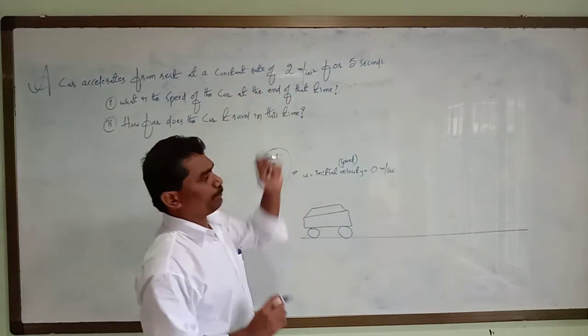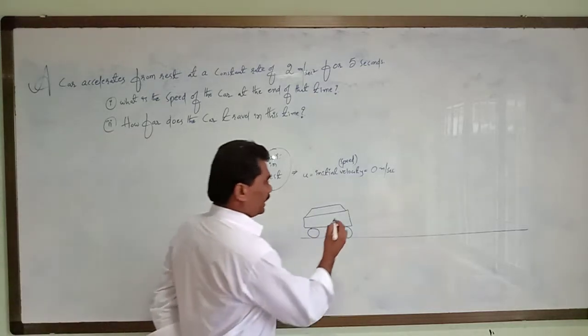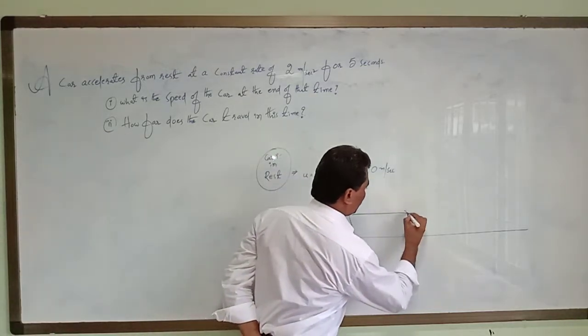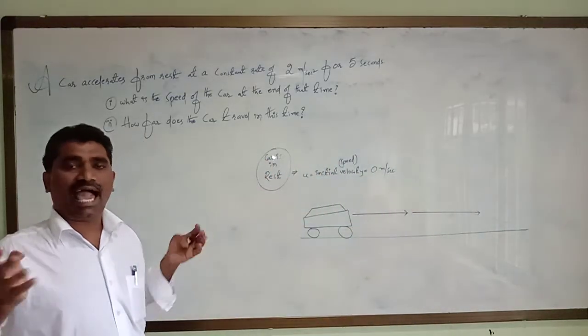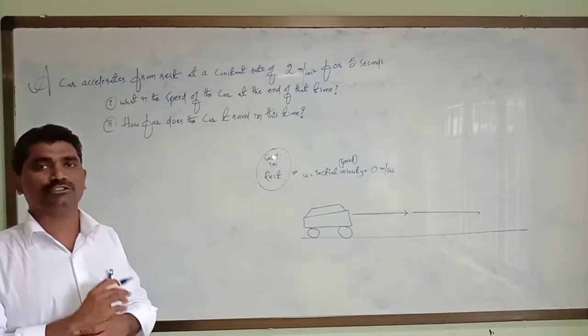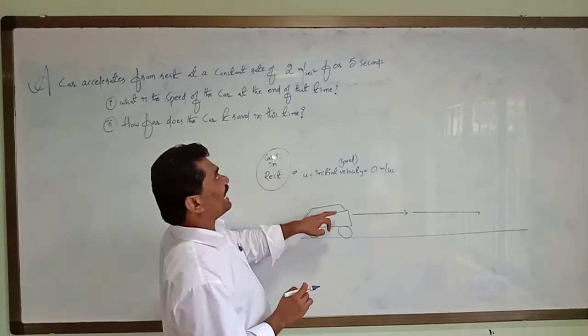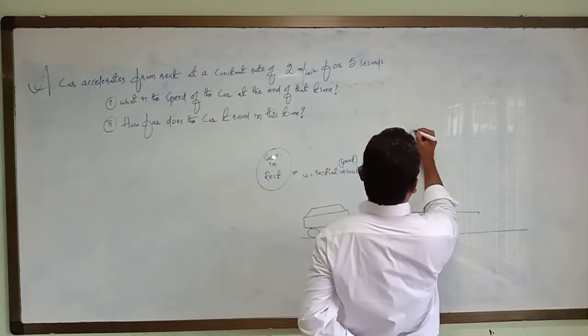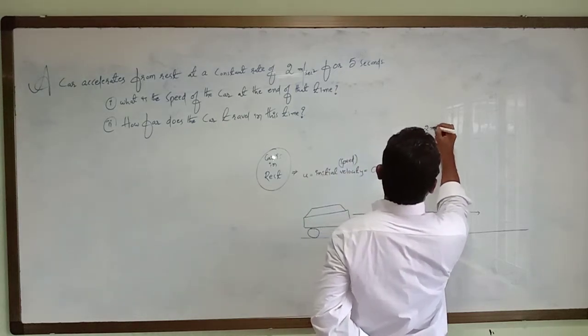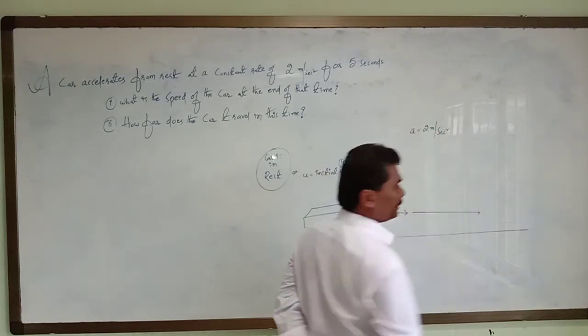Constant rate of 2 meters per second square. Slowly it moves in the forward direction and its speed increases. Whenever speed increases, acceleration is said to be increasing. So the acceleration A of this particular car is given as 2 meters per second square.